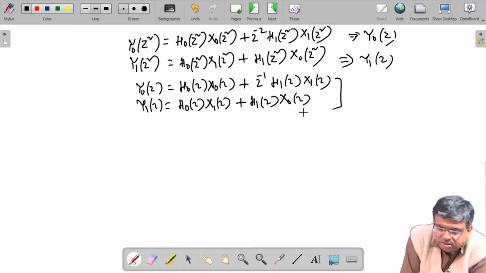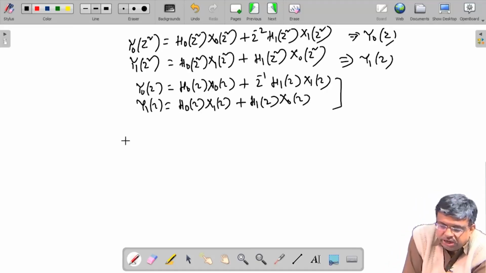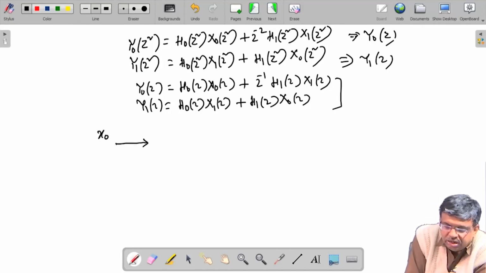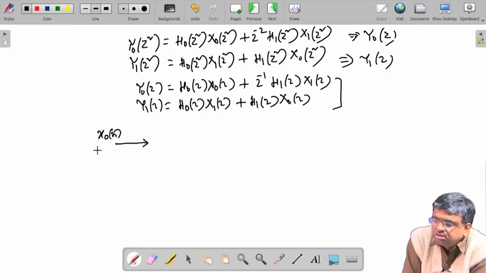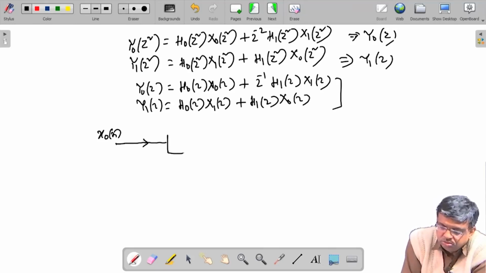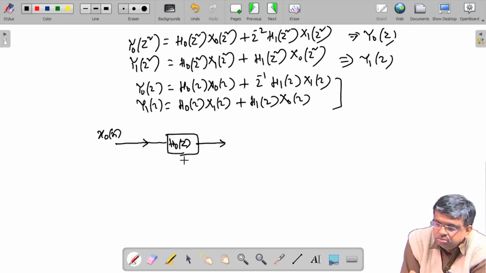Ordinarily, how will I generate x0 z, corresponding to the polyphase component x0 n? Suppose it is available; how it becomes available we will easily see. So that in the z domain is x0 z, which should go to h0 z.